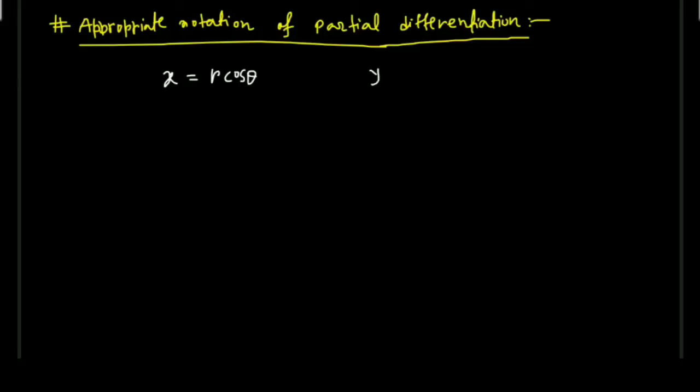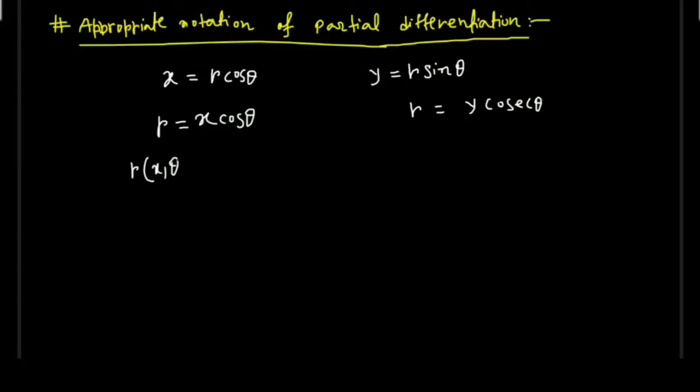Now you can write r as x sec theta, and here you can write r as y cosec theta. So you can see r is a function of x and theta, and also r is a function of y and theta.